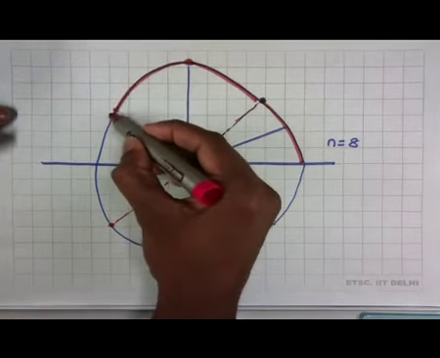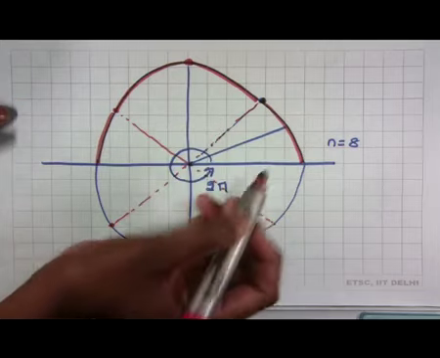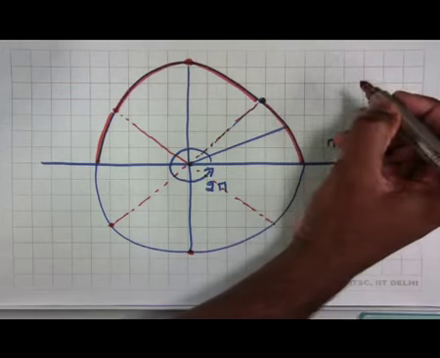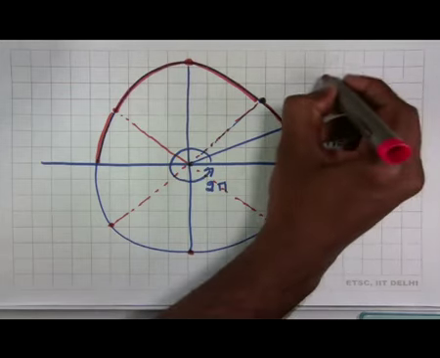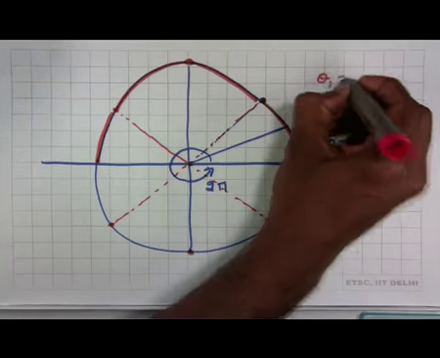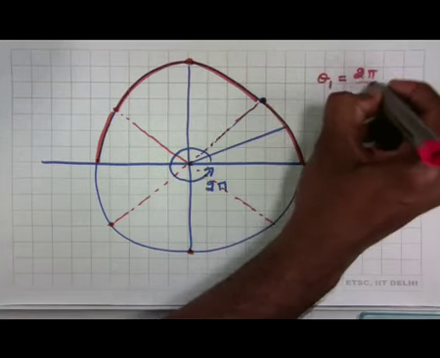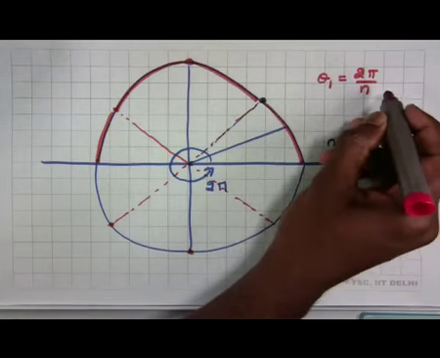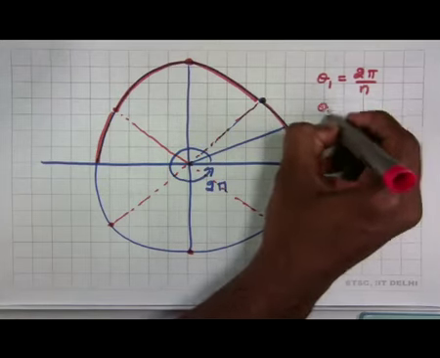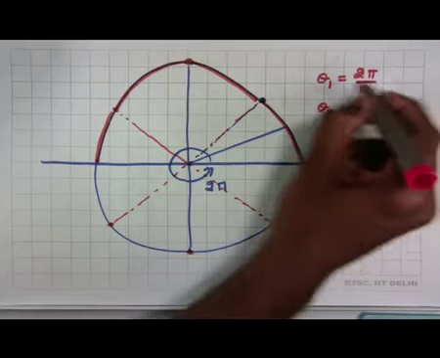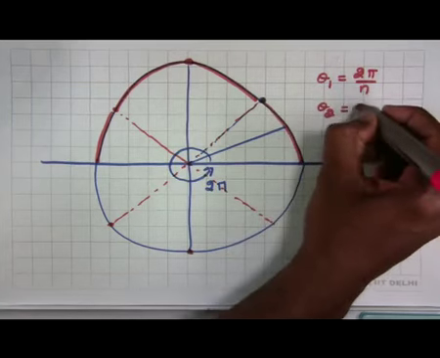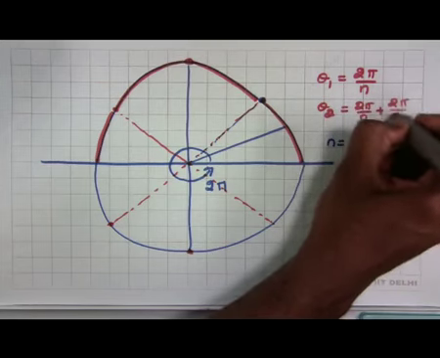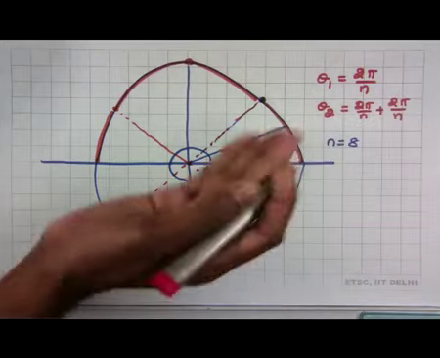Okay. For each division angle, because each time the angle is 2 pi by n. So when I write theta 1, which is 2 pi by n, and next angle which is going to add. So, theta 2 is, say you are going to add this term, that is 2 pi by n plus 2 pi by n, which means the equal angle we are going to add.